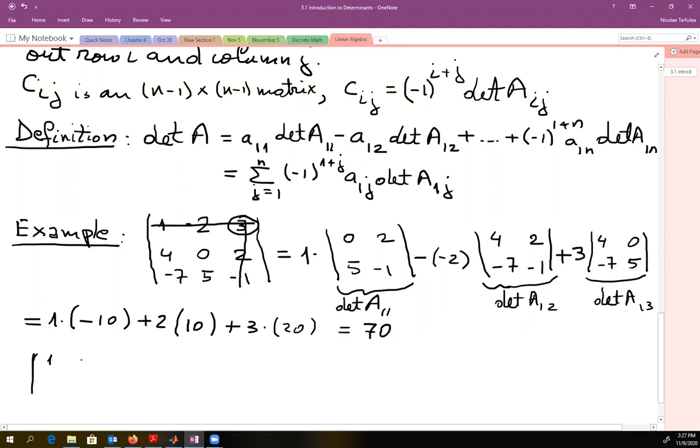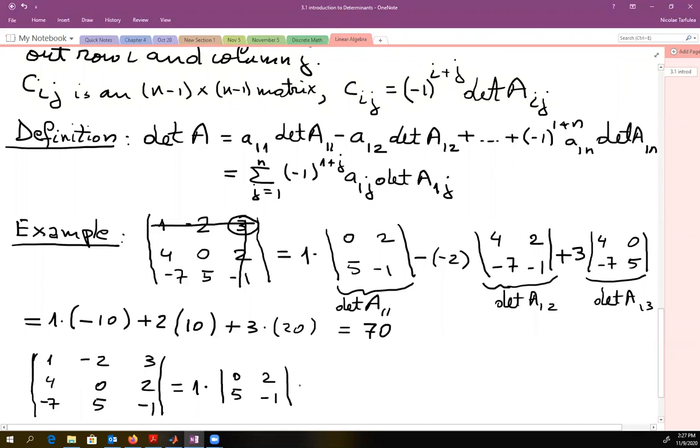So we have 1, -2, 3, 4, 0, 2, -7, 5, -1. I can write it like this. I can say this is 1 times this determinant, you cross out the first row and the first column, like the one which we had before. So here is 0, 2, 5, -1.